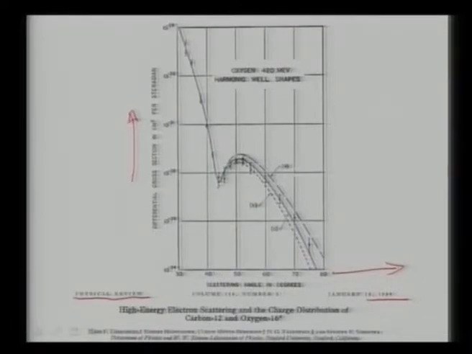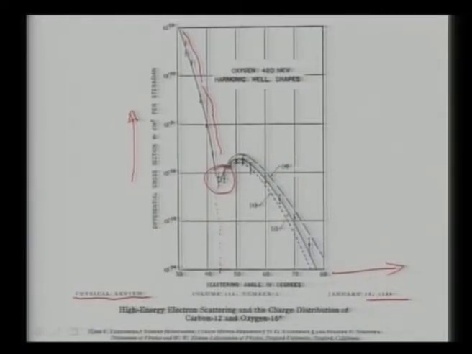What you can see is that as this angle increases, it comes down, it comes down. That means most of the electrons are going straight, and a smaller number of electrons are scattered at larger angles. But then here you have a minimum, which is somewhere around, let us say, 43 or 44 degrees.